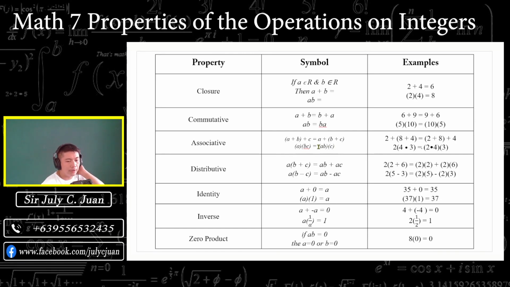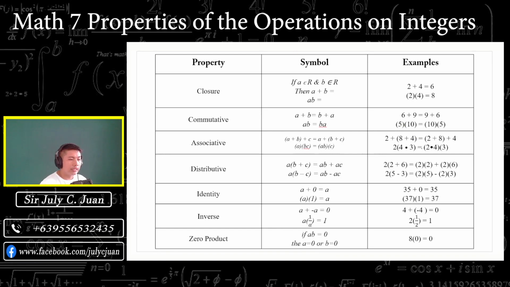Diba? Groupings ito. Halimbawa, the quantity of 2 plus 8 plus 4 is equal to 2 plus the quantity of 8 plus 4. Dito sa unang example, yung 8 tsaka 4 ang naunang na-group, samantalang sa right side ng equation natin ay yung 2 tsaka 8. Kapag i-simplify natin to or i-perform natin yung indicated operation, ang magiging sagot pa rin natin ay 2 plus 8 plus 4.